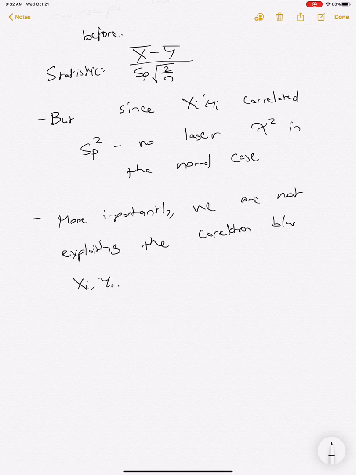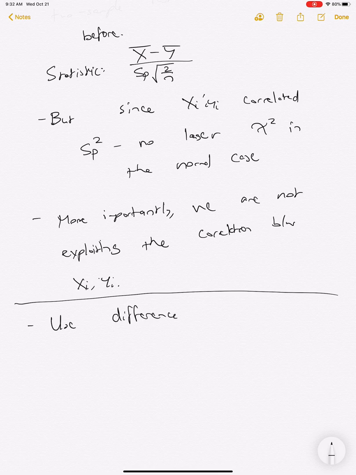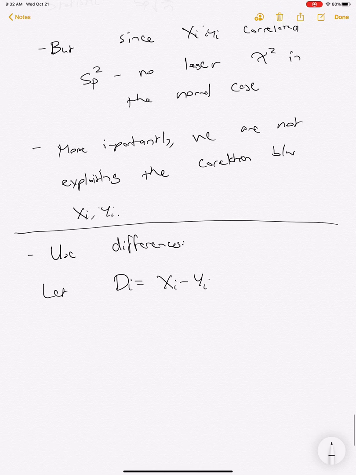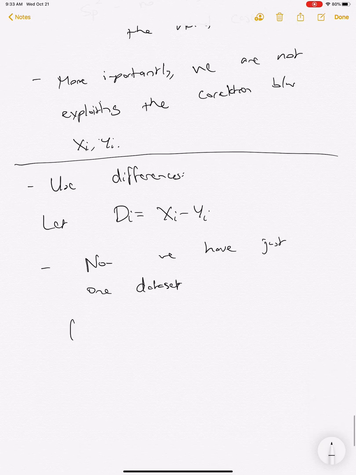So this is where we're going to use differences. We're essentially just going to let di equal xi minus yi. Okay, and now we have just one data set, which is D1, D2 up to Dn.